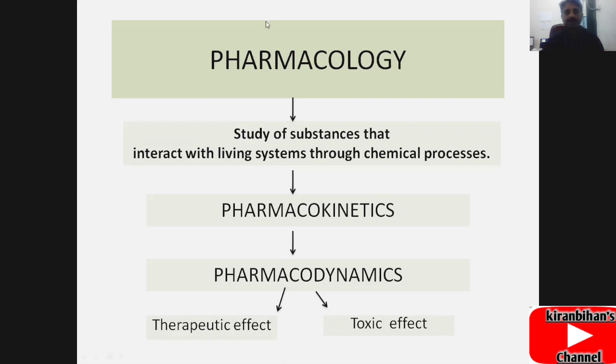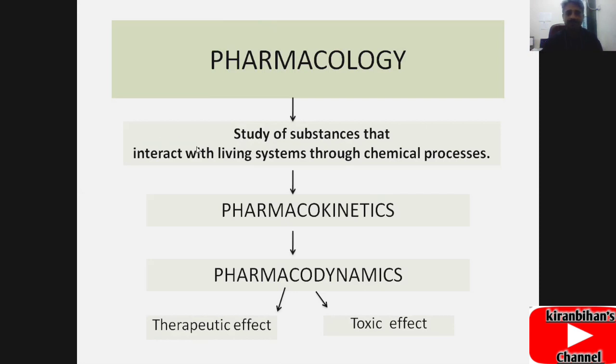As the name indicates, pharma means drug, and logy means knowledge, the information of the drugs. The broadest definition of pharmacology is the study of substances that interact with living systems through chemical processes.